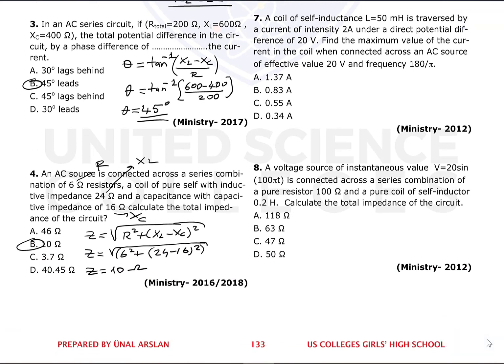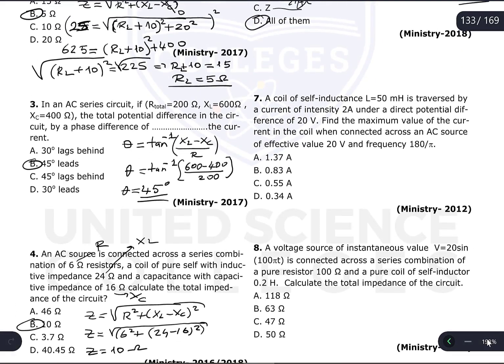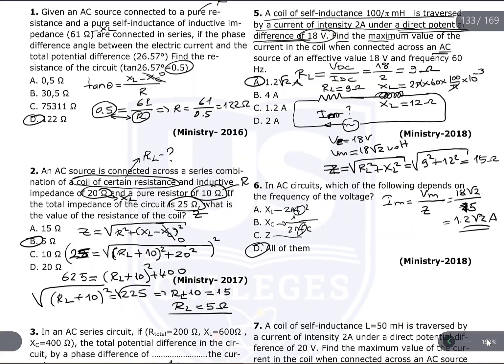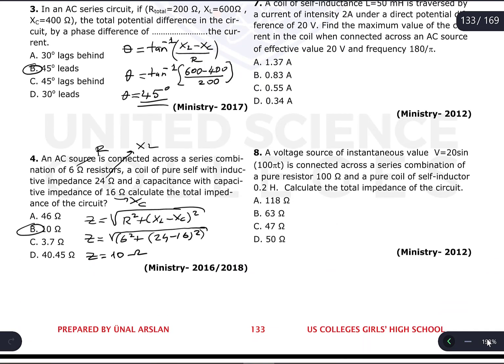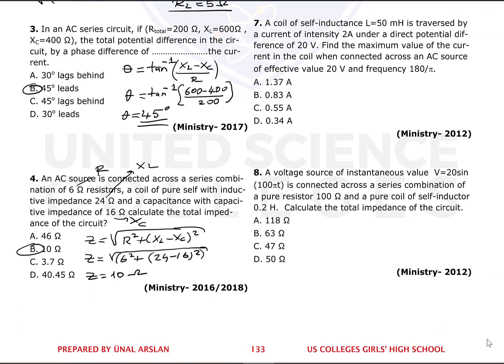Question number 7. A coil of self-inductance L 50 millihenry is traversed by a current of intensity 2 ampere under direct potential difference. Question 7 is again very similar to question number 5. So initially it's attached to a direct potential difference of 20 volts.